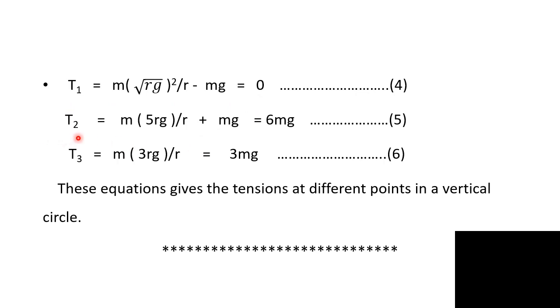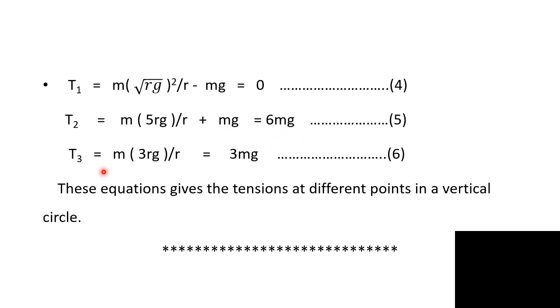Now T2 equal to m into 5rg divided by r, which is nothing but 5 mg, plus mg gets 6 mg. 5rg is nothing but v2 square. So tension at lowest point is highest and it is 6 mg.